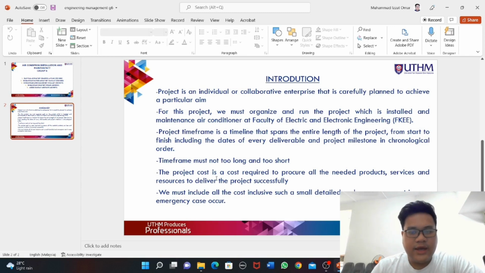And for the last part in the introduction, we must include all of the costs inclusive, such as small details and emergency costs in case an emergency occurs. So basically, we have to consider all of the costs. It doesn't matter if it's a small or big cost, but we must include all of the costs.